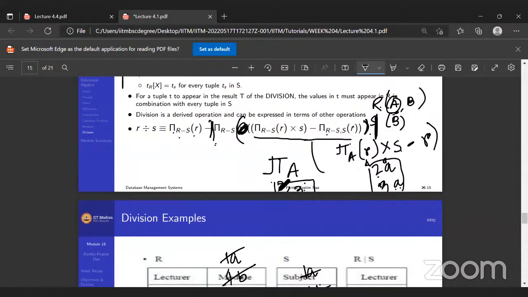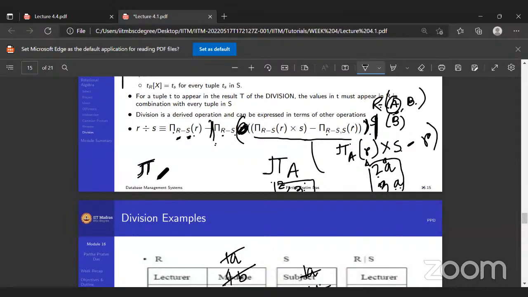But what we require are those who take all the courses. So if we remove those from all the student IDs, that is R minus S, that is A.